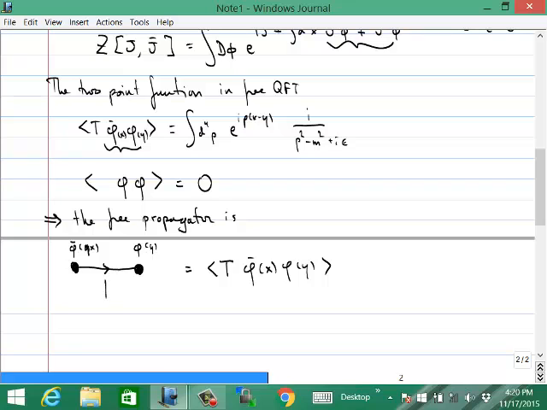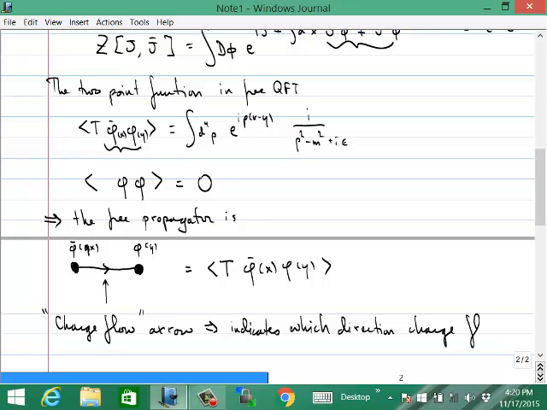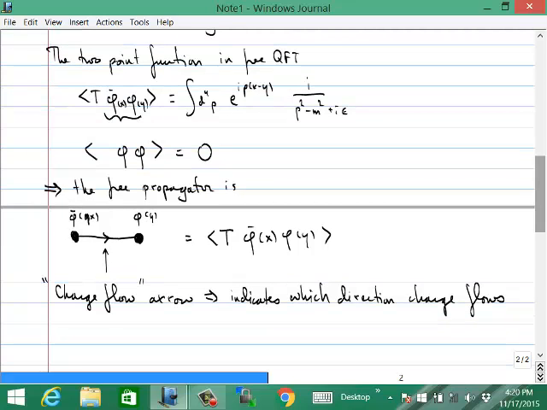And this arrow is referred to as a charge flow arrow. In particular, its role is to indicate which direction charge is flowing in this propagator. It will point from an operator of minus charge to an operator of positive charge.